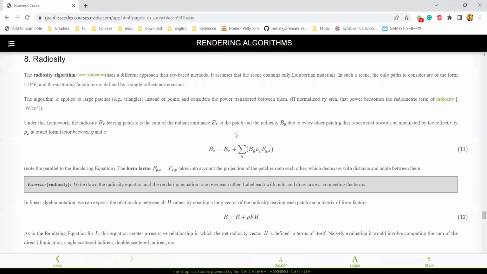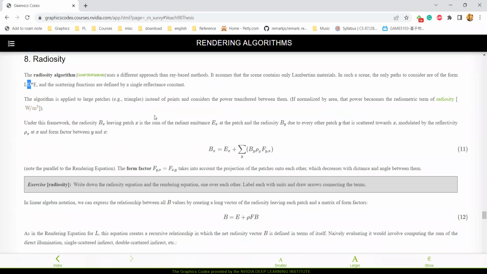The radiosity algorithm uses a different approach than ray-based methods. It's assumed the scene contains only Lambertian materials. Yeah, that's what I heard. In such a scene, the only paths to consider are of the form L D* E. Just everything is diffuse.